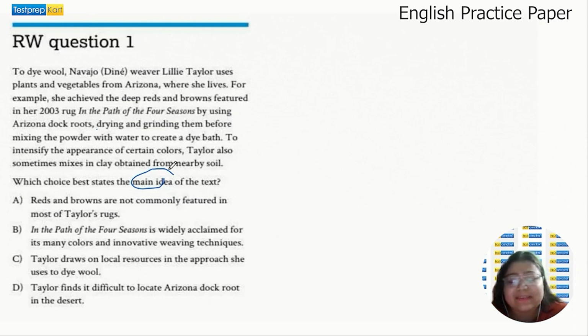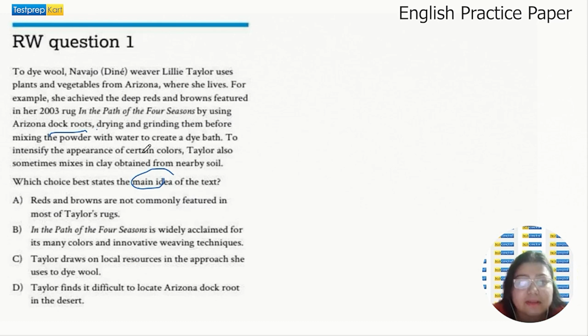Okay, so basically it talks about this weaver, Lily Taylor, who uses these things. First thing she uses is dock roots, Arizona dock roots. Then she grinds the powder, mixes it with water to create a dye that you use to color your clothes.